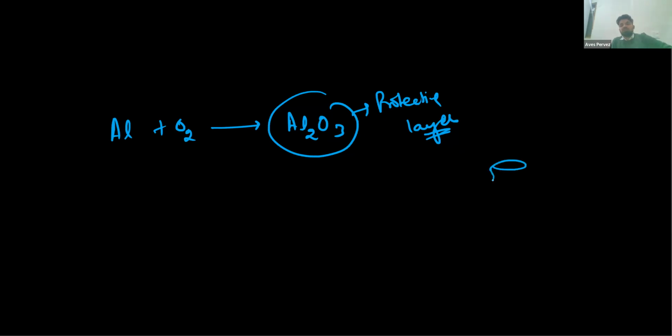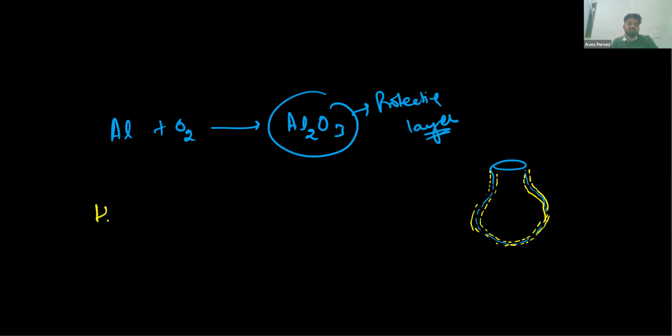It forms a protective covering over it. For example, this is an aluminium metal. When it reacts, it forms a protective layer of Al2O3 over it, which comes in contact with the atmospheric gases and will not allow further reaction with the main layer of aluminium. So Al2O3 is a protective layer.